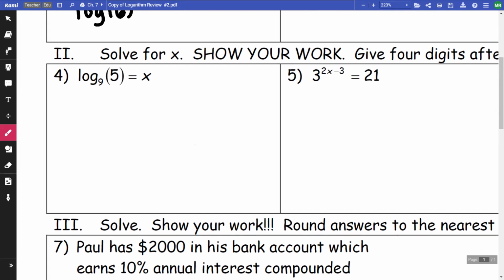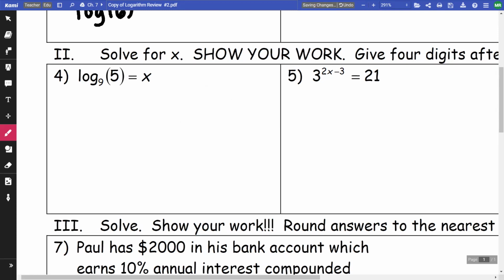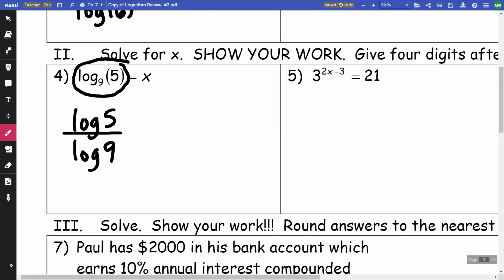Okay, on number 4, I can put this in my calculator either as I see it, or I could also type in log of 5 over log of 9, where again, these are base 10. So I will do both of those.